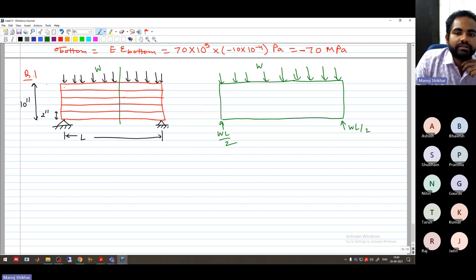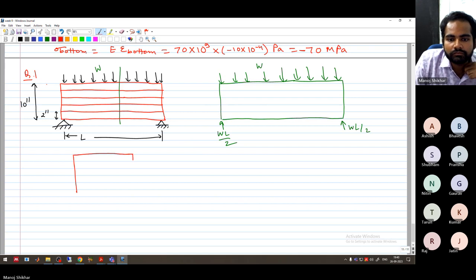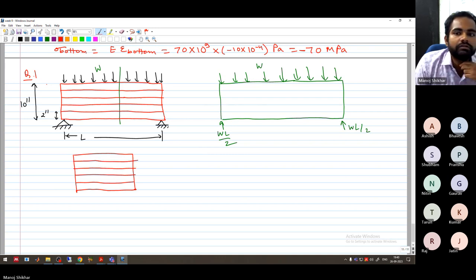Now, after cutting this cross section, we will have something like this. And this is our x-axis. This is our y-axis, and the z-axis will come out like this.